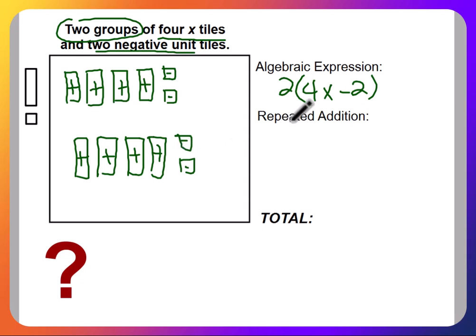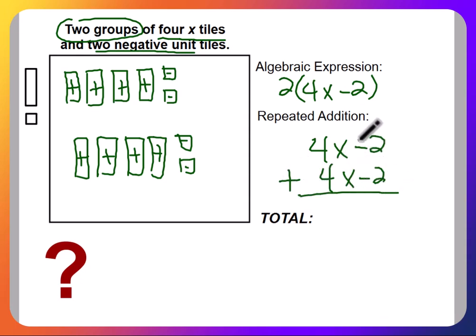So two groups of 4x minus 2. Let's show repeated addition. We're repeating the groups. So we're repeating the 4x minus 2, and we're doing that 2 times. Add them together. A negative 2 and a negative 2 makes negative 4. 4x plus 4 more x's make 8x. So we get 8x minus 4.